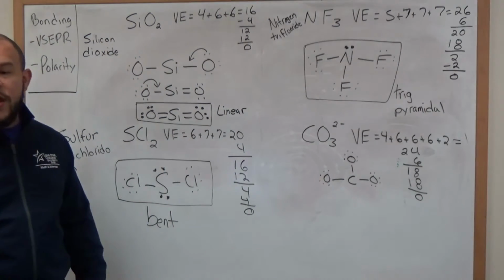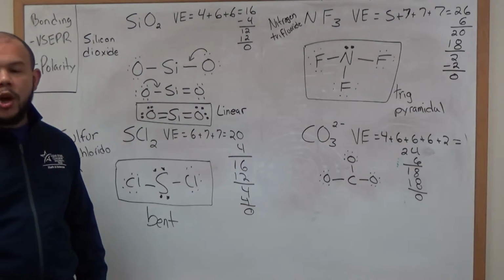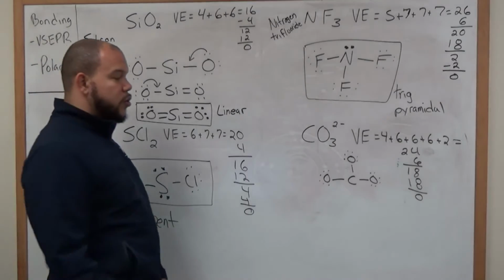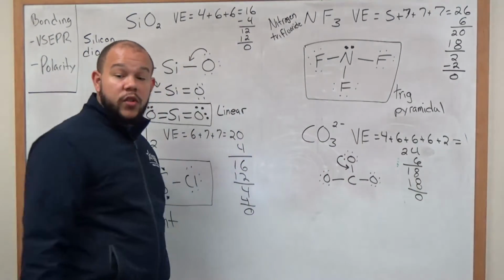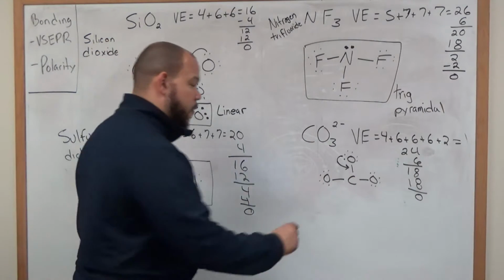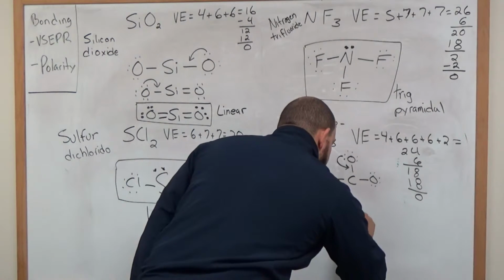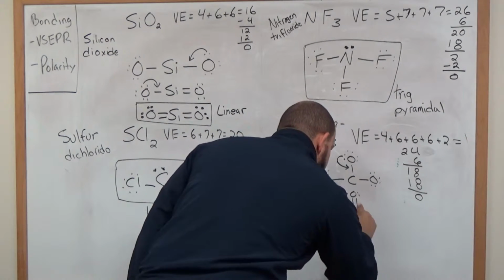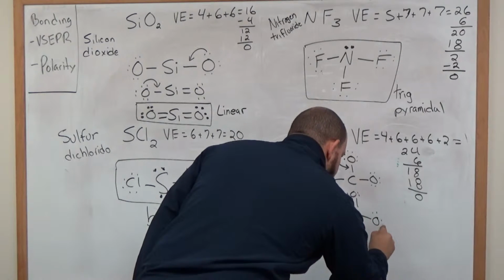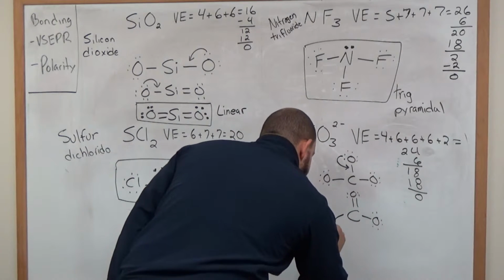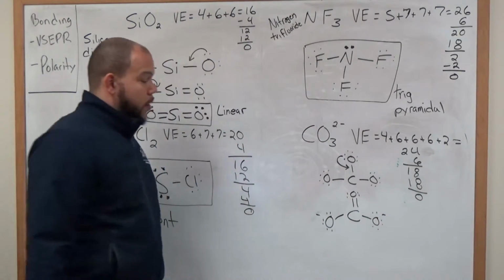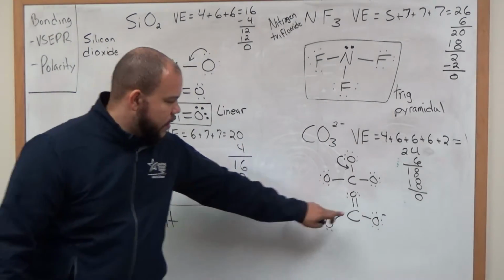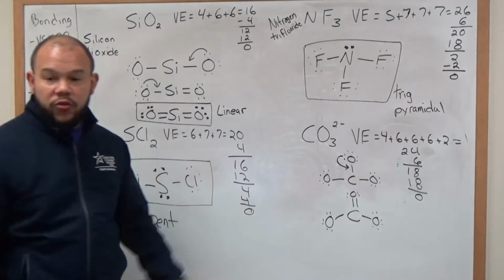But notice, we have not fulfilled octet on carbon. What must we do? We must create a double bond. Does not matter which oxygen you create that double bond from. That will give you this structure.